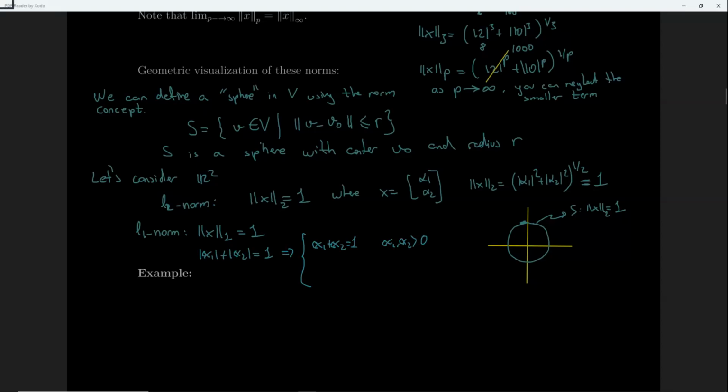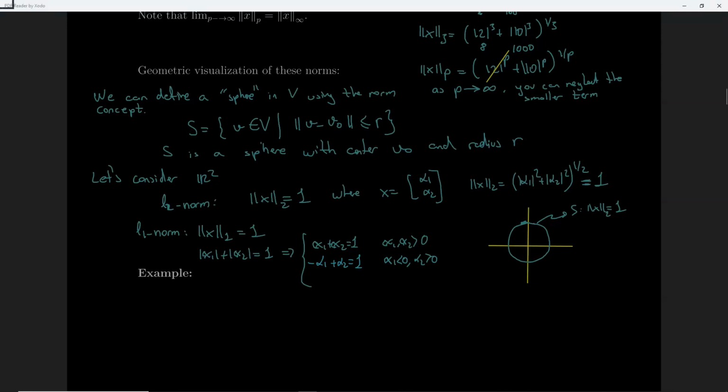Okay, and so if alpha 1 is less than 0 and alpha 2 is greater than 0, let's say, it will be minus alpha 1 plus alpha 2 is equal to 1. Okay. And you can continue for all the quadrants like that, but I can plot those lines over here.